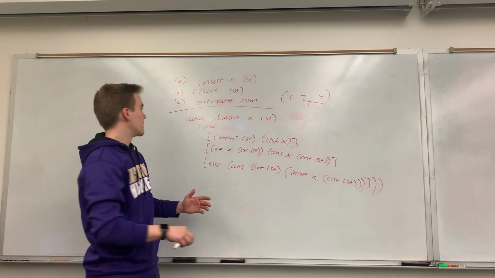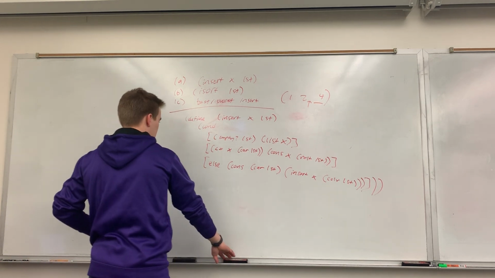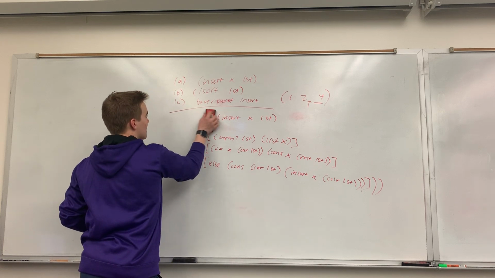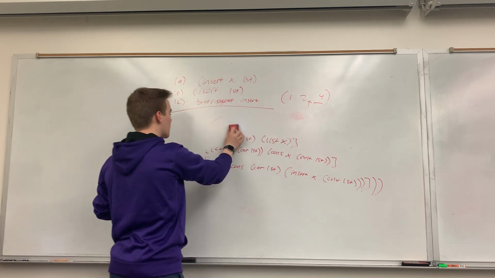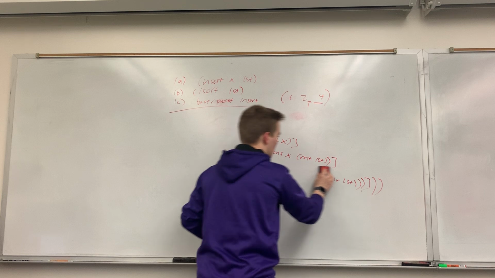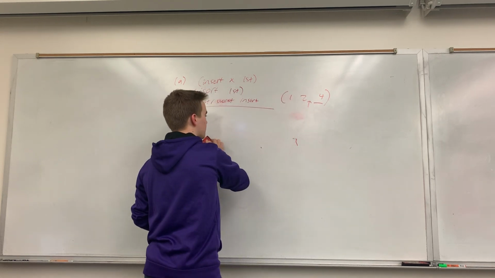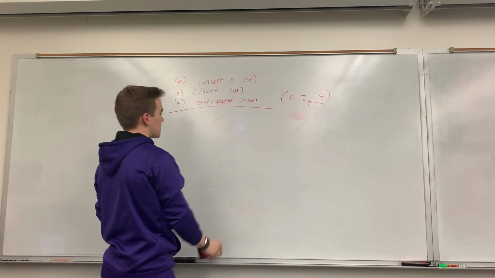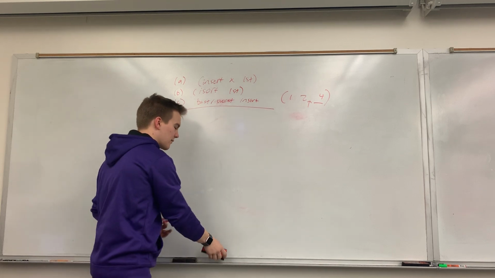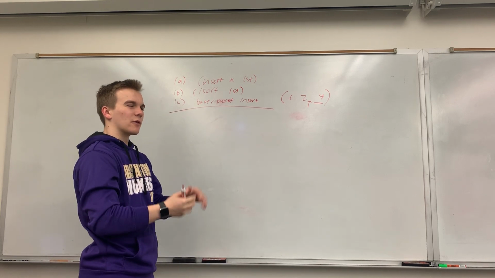Anyway, we're going to move on to 1B that says, write a procedure where we use this insert to perform insertion sort on a list. Which seems to me like we just have to run this insert on every element, and really any order works.